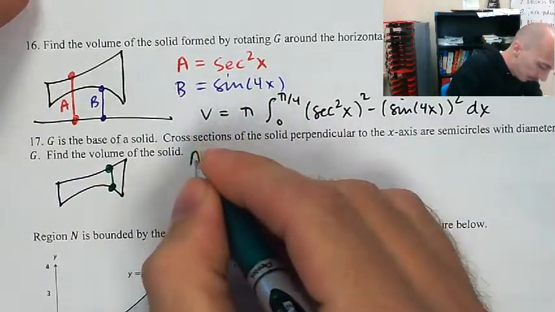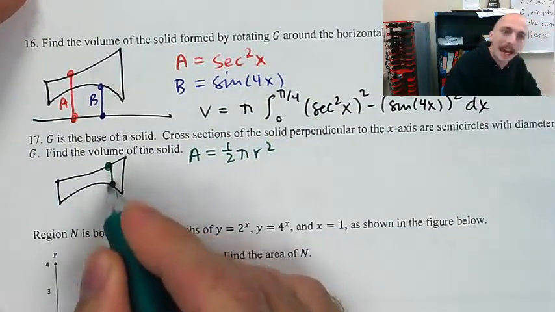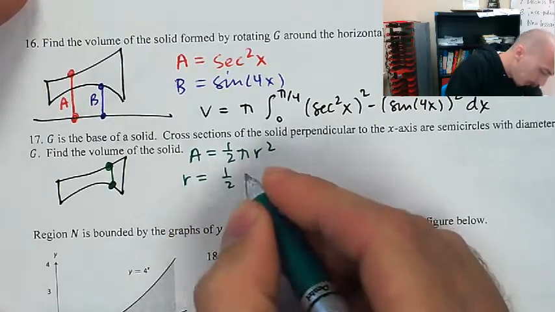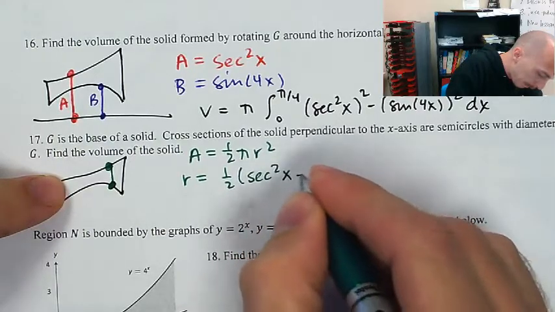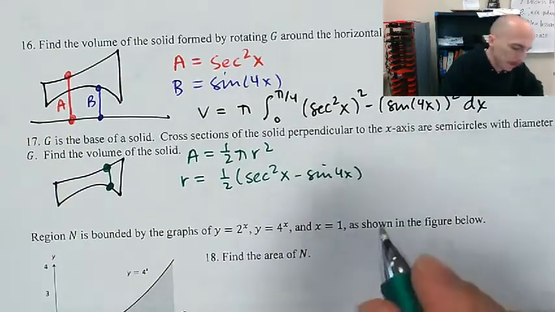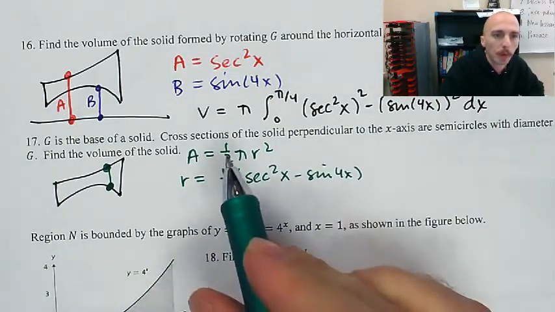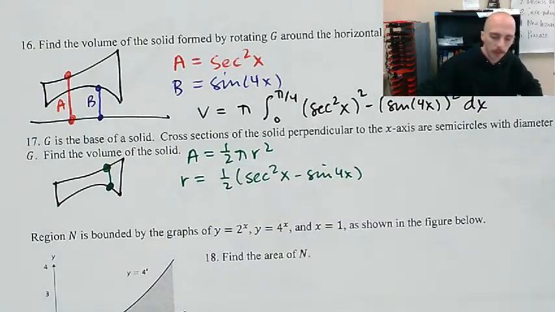Okay. Area of a semicircle is 1/2 pi radius squared. Radius is half of this length, so radius equals half of top minus bottom. So my area formula, if I had room to write it, would be 1/2 pi times this whole thing squared, including squaring the half.